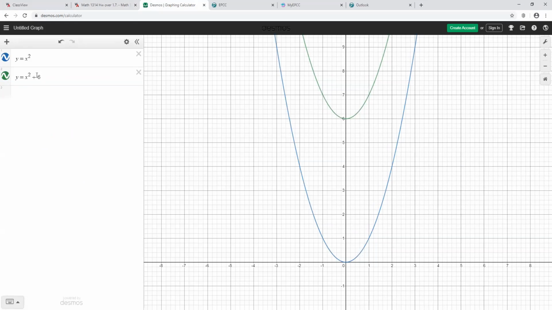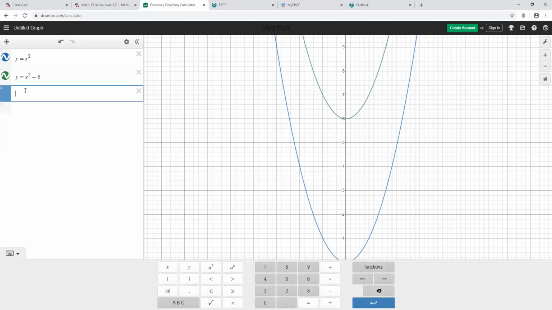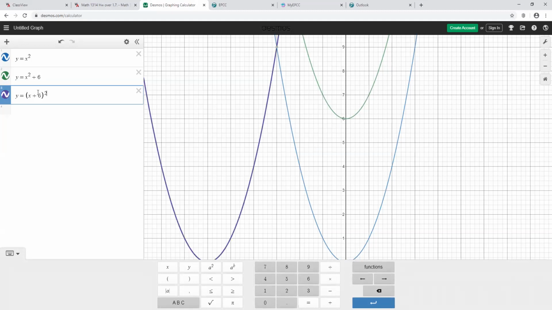So whenever you add or subtract, if it's inside the function, here the addition or subtraction is inside the function next to the x variable. When that occurs, then it's a horizontal, x dimensions horizontal, and you do what it says.